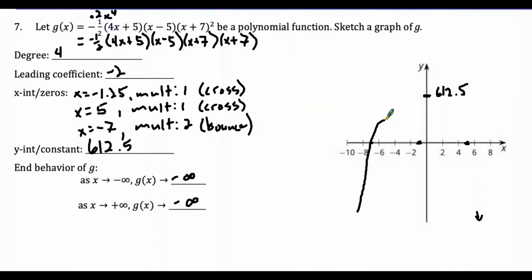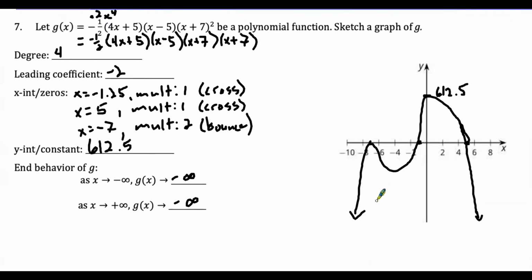I'm crossing the x-axis. Then, oh, whoops, sorry, not crossing. I will be bouncing at negative 7. Let's try that again. Bouncing off the x-axis at negative 7. Then I'm going to come up and cross at negative 1.25. Hit my y-intercept of 612.5, and then come back down through at x equals 5.